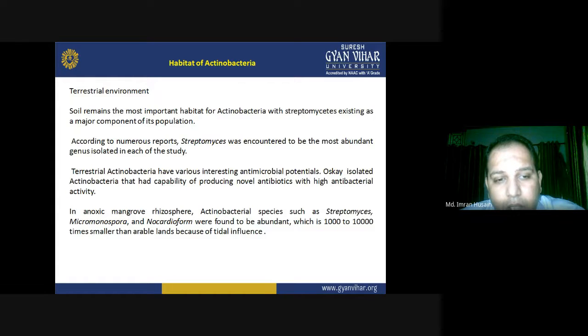In the anoxic mangrove rhizosphere, actinobacterial species such as Streptomyces, Micromonospora, and Nocardioform were found to be abundant, though 1,000 to 10,000 times fewer than in arable lands because of tidal influence.